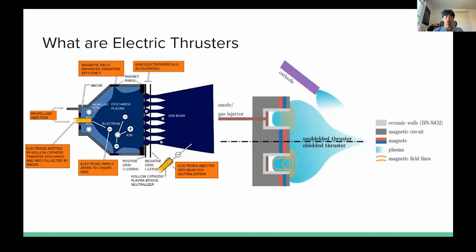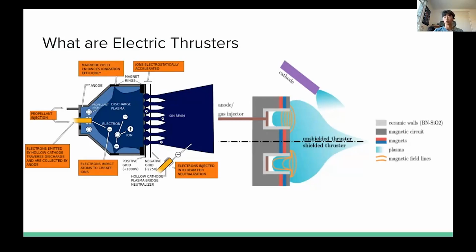What differs electric thrusters from normal rocket engines is that instead of combusting a gas to exhaust out the nozzle, they ionize a heavy particle like xenon or argon, and then they accelerate the particle up to speeds of 120 kilometers per second with electric fields and magnetic fields.